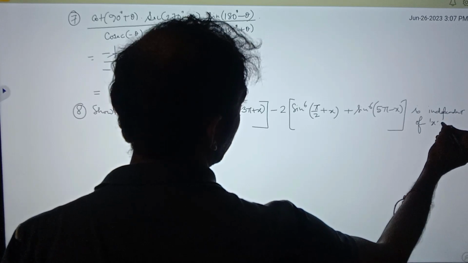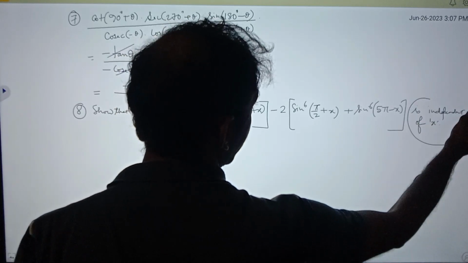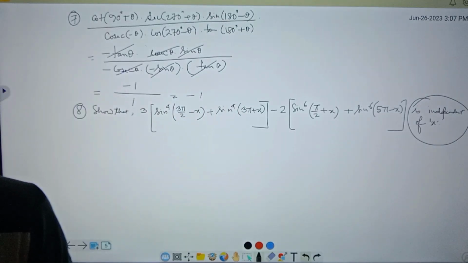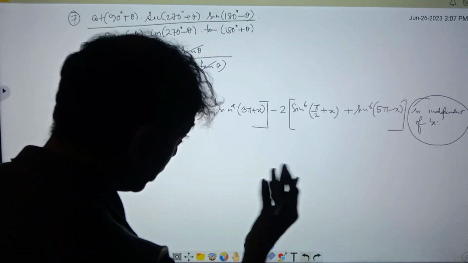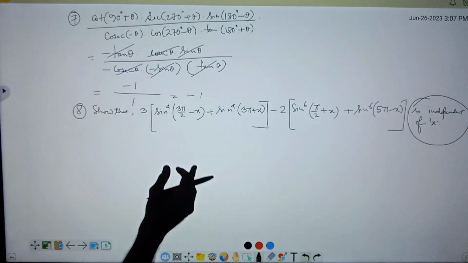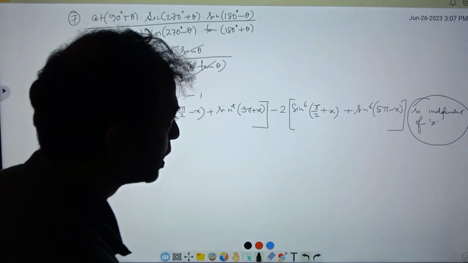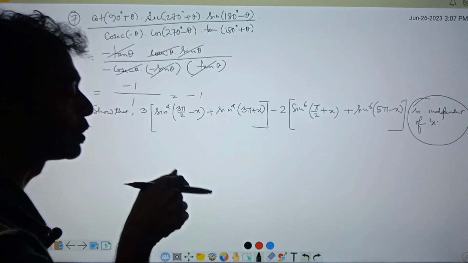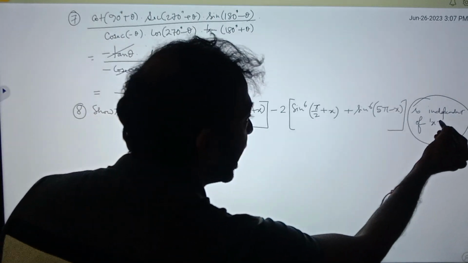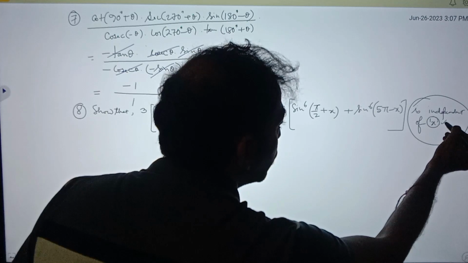Now what is the meaning of that phrase? Independent of x means we are going to simplify this one, and we will get a result which is independent of x. That is, there will be a result which does not contain the term x, and that is what we are going to prove here.